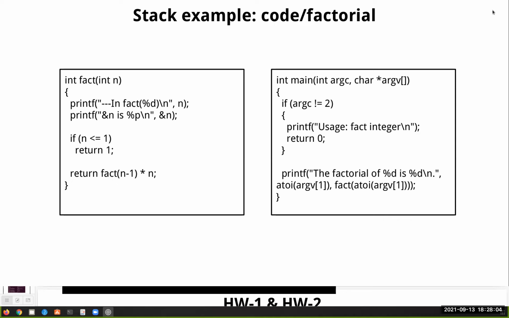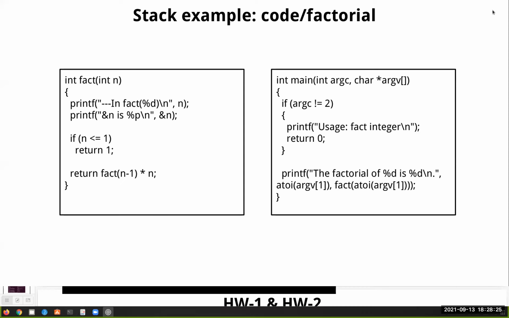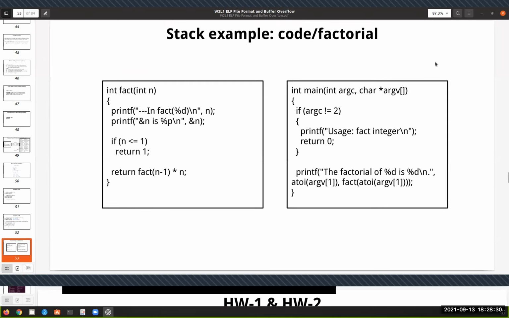So this function will call itself, and the stack will keep going down. So the address of n should keep going down. It will show a different address of n and keep going down, until you hit this one, where you will return 1. I will have to return this. So we can run this program.